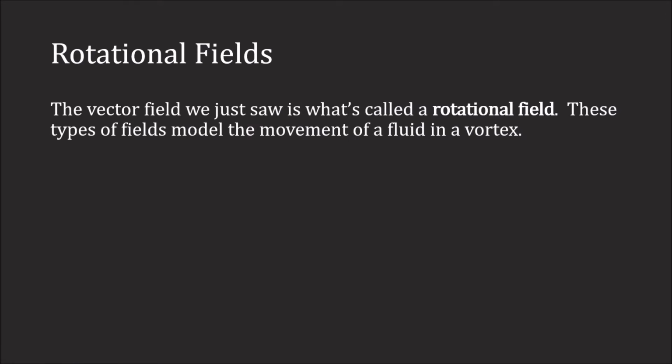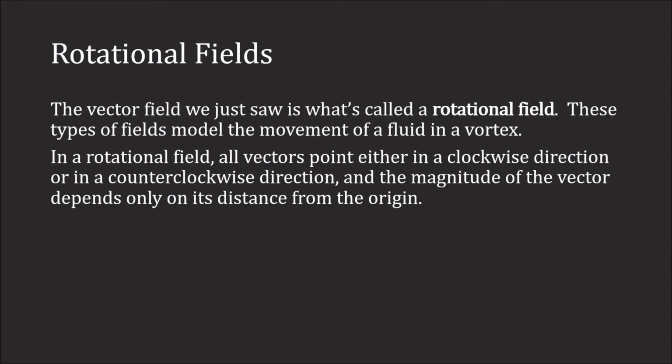These types of fields model the movement of a fluid in a vortex. In a rotational field, all the vectors point either in a clockwise or counterclockwise direction, and the magnitude of the vector depends only on its distance from the origin.